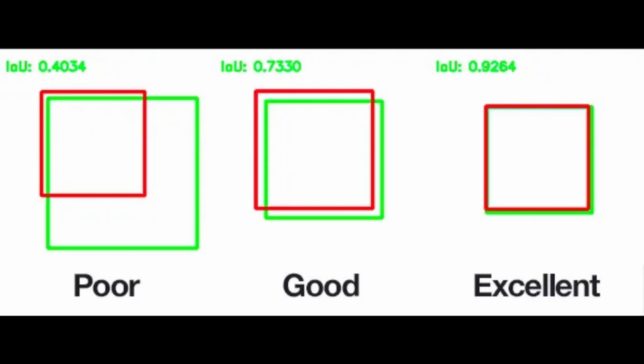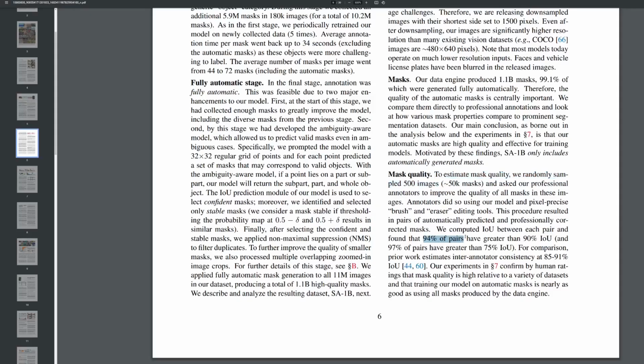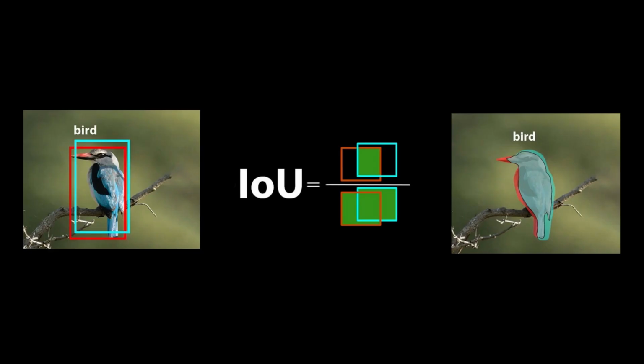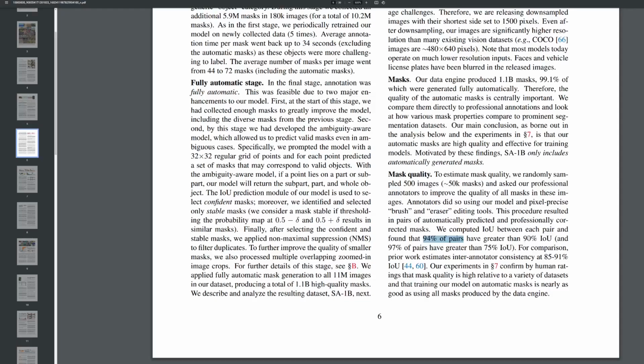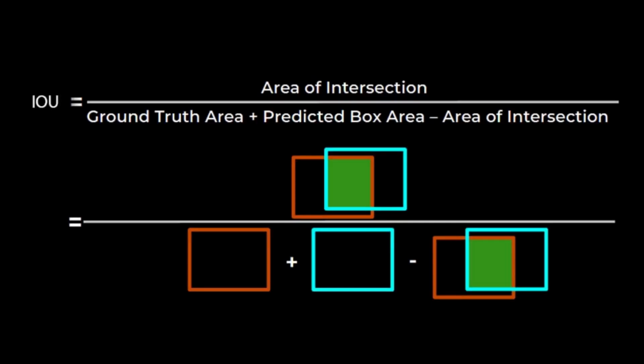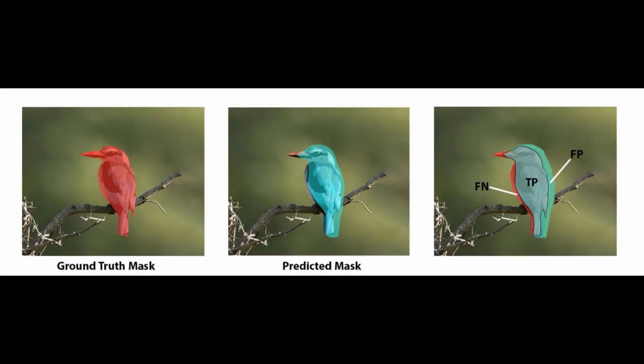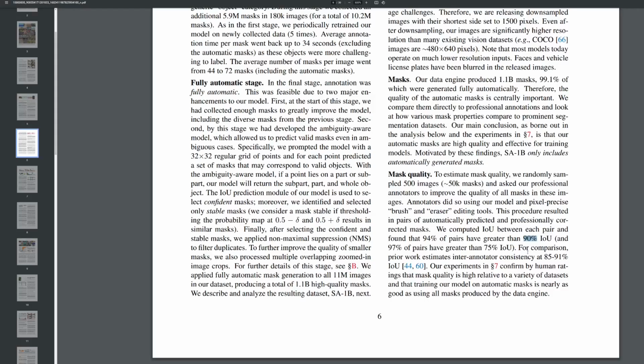They found that 94% of the pairs had an IOU greater than 90%, which means there was a 90% overlap between the segment that the annotators created and the segment the model created, which is pretty good.